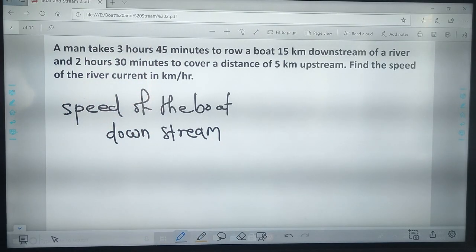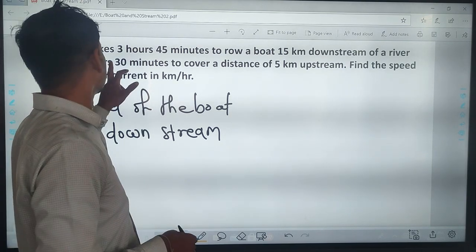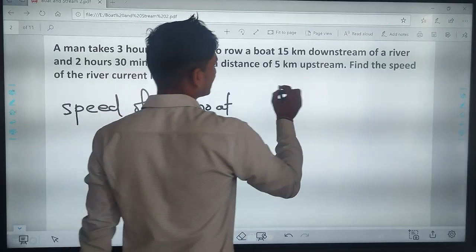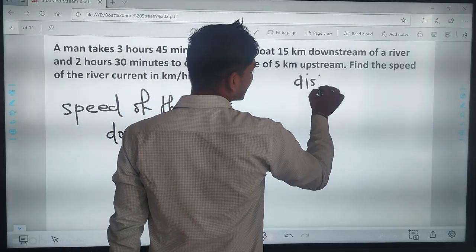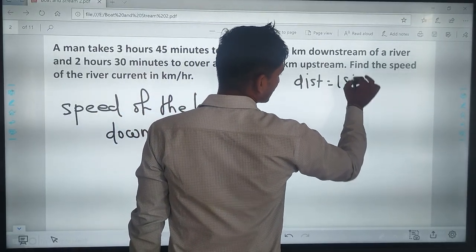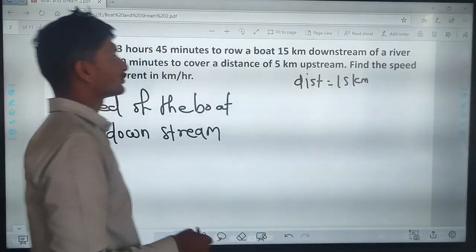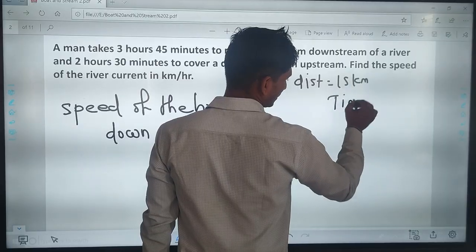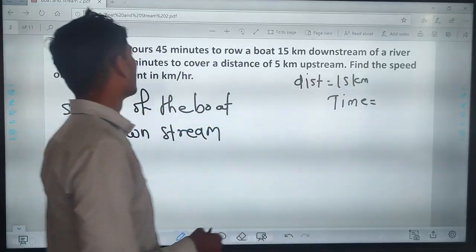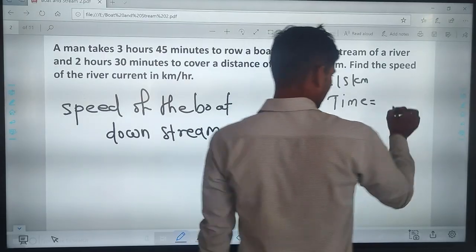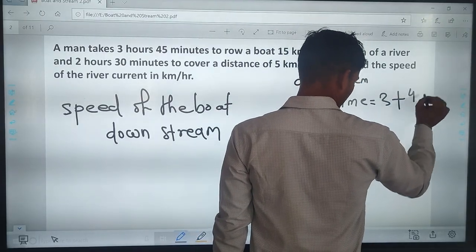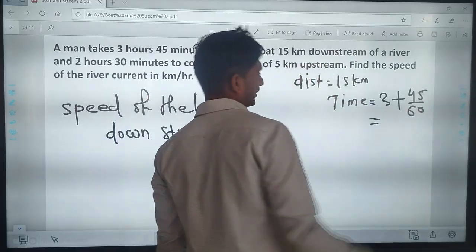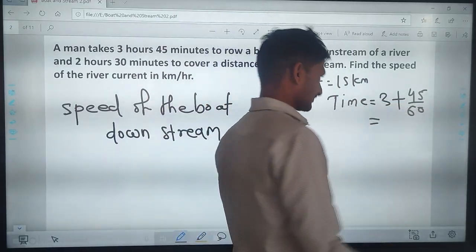Here, downstream covers a distance of 15 kilometer, and the total time is 3 hours 45 minutes, which means 3 hours plus 45 divided by 60 hours. Here minutes are converted into hours.